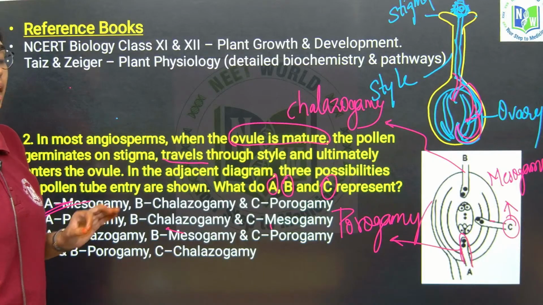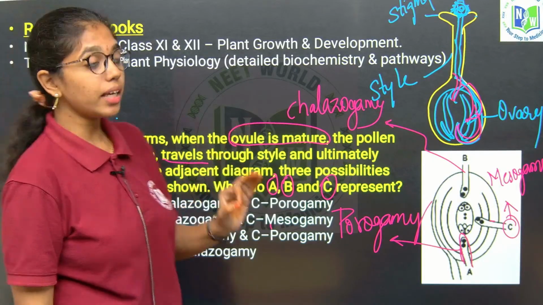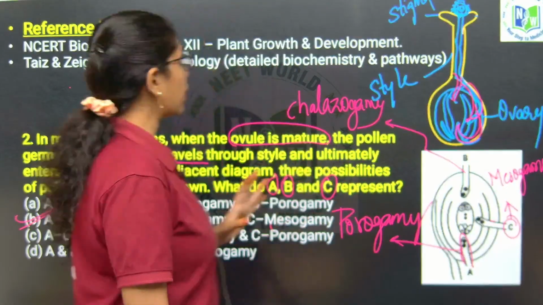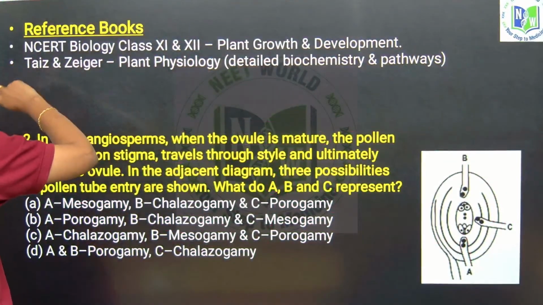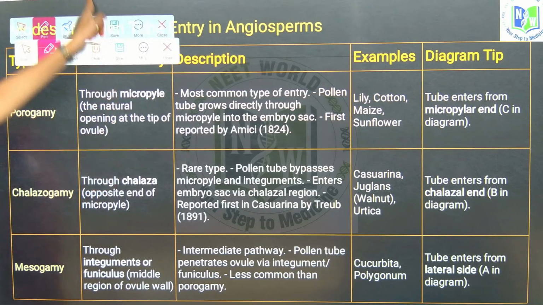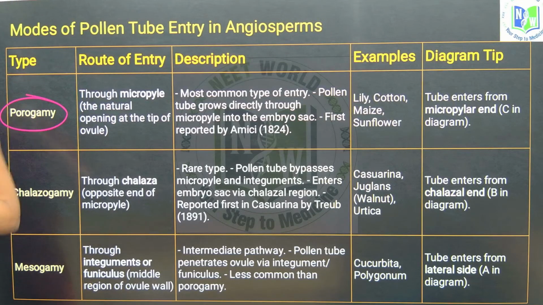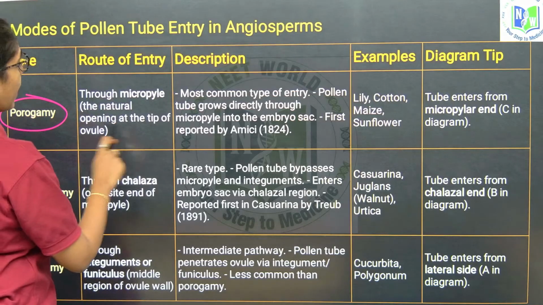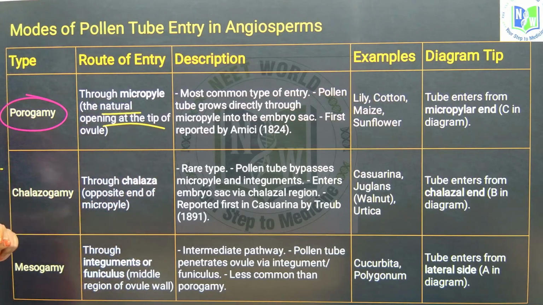But then let us look into all the three modes of pollen tube entry into the ovule through comparative analysis, and we will also look into the examples in detail. So, here are the modes of pollen tube entry into the ovule in angiosperms. First is porogamy. Porogamy is through the micropylar end, the natural opening at the tip of the ovule.